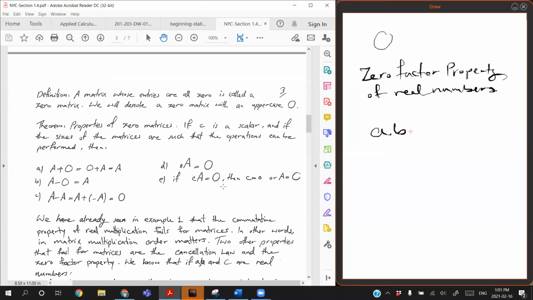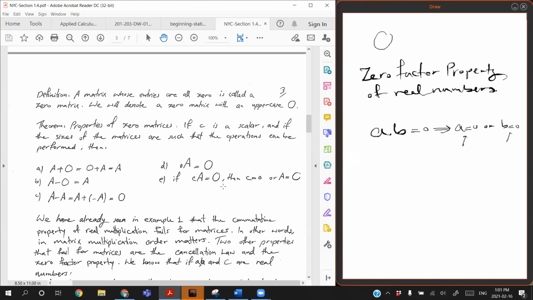If you have A times B is 0, then the conclusion is either A is 0 or B is 0. Because if none of them is 0, then the product cannot be 0. So if you see that A times B is 0, then for sure either A is 0 or B is 0 or both. So that's called the zero factor property.